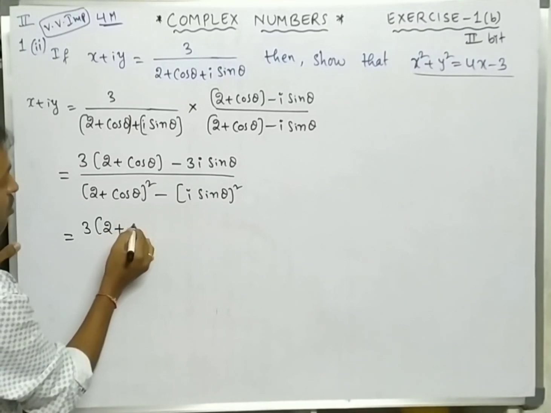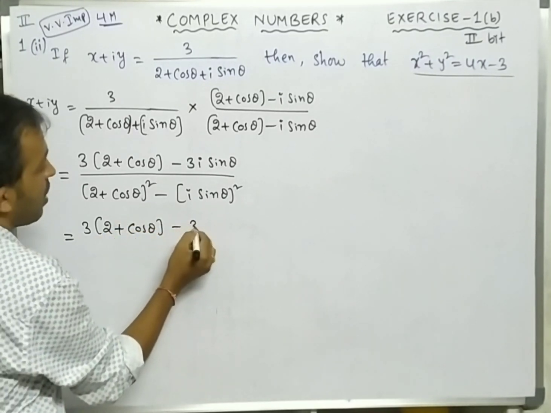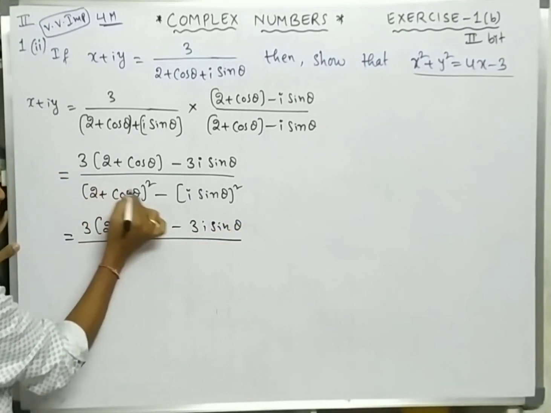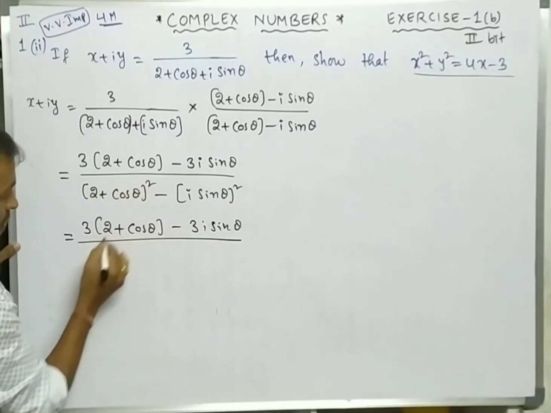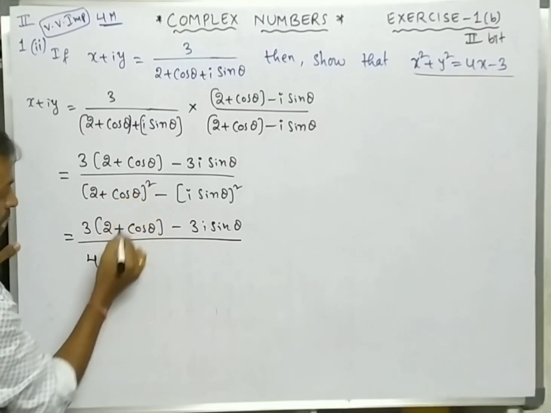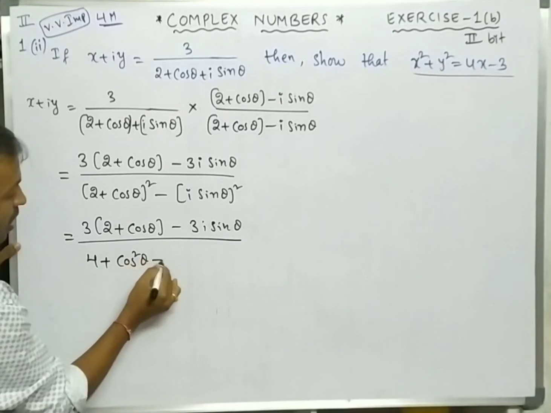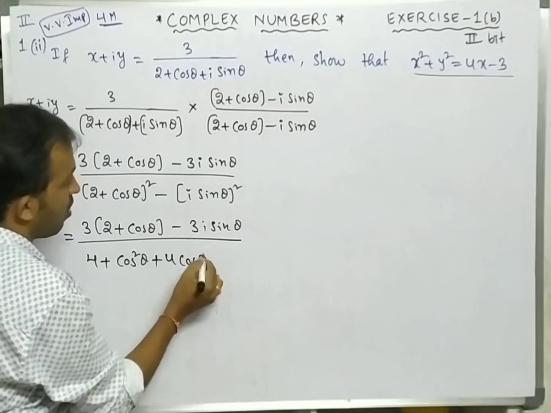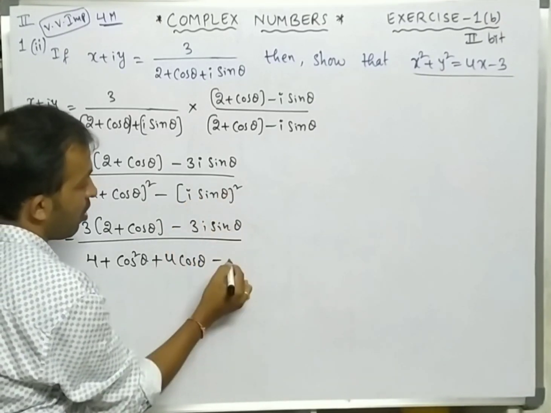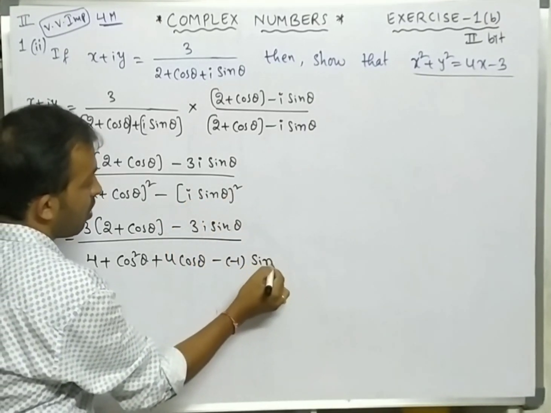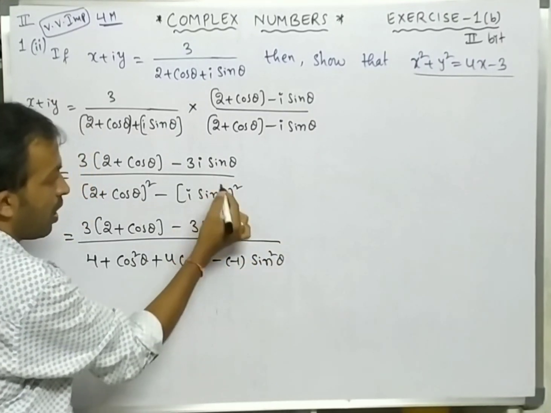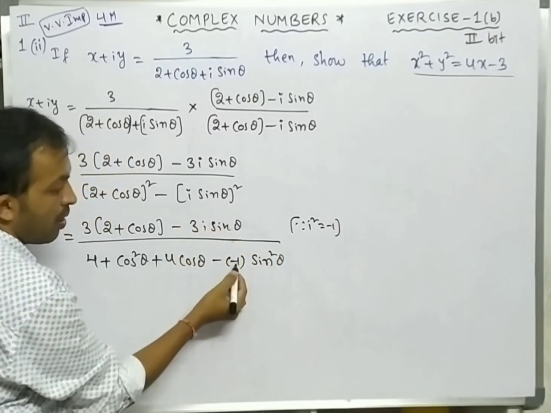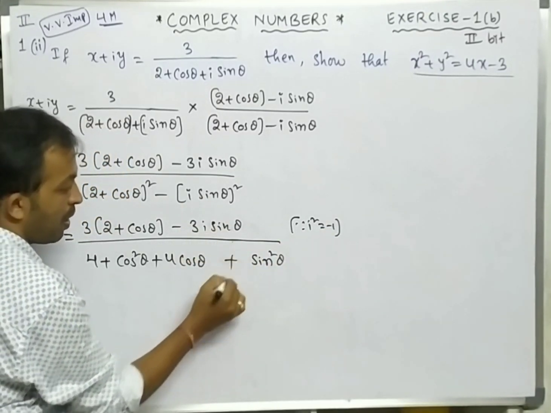Numerator becomes 3 into (2 plus cos theta) minus 3i sin theta; denominator is of the form (a plus b) whole square: a square is 4, plus b square cos square theta, plus 2ab, 2 into 2, 4 cos theta, minus i square, whose value is minus 1, into sin square theta.